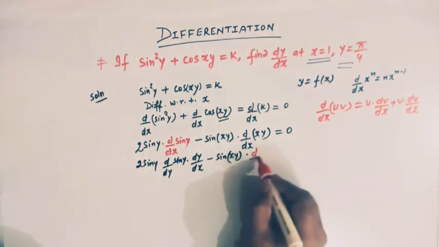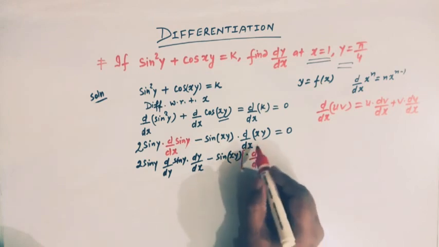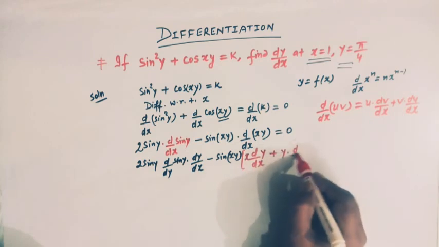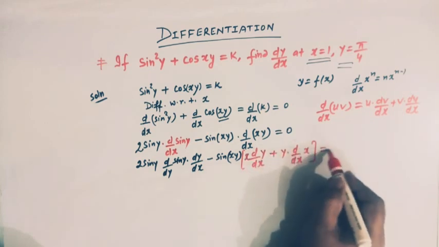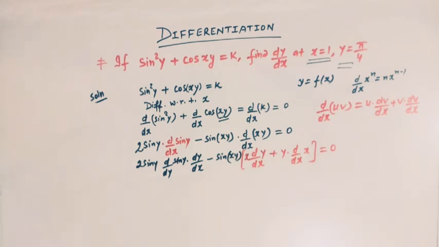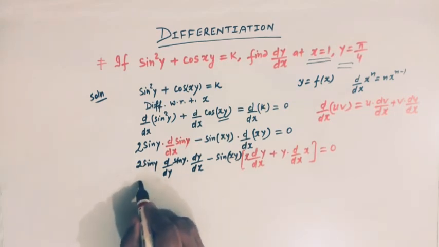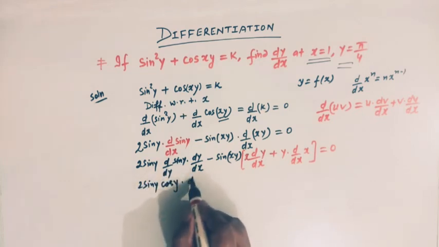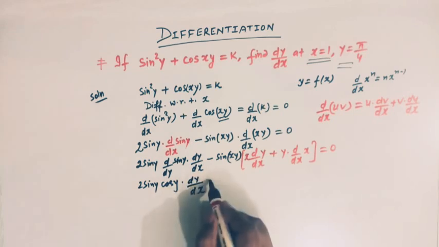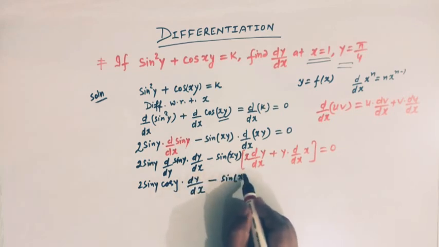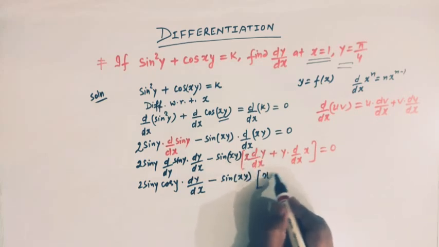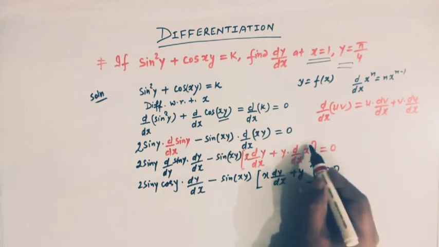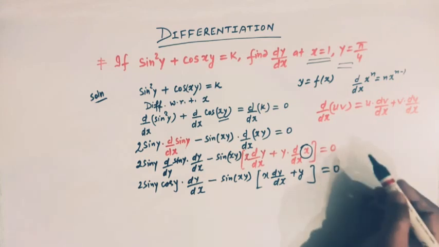So here we have d over dx, here we have x, then dy over dx plus y, and derivative of x, and this is equal to 0, right? Now here we have 2 sin y, derivative of sin y is cos y, and here we have dy over dx minus sin xy, and here we have x dy over dx plus y is equal to 0, because the derivative of x with respect to x is 1, right?